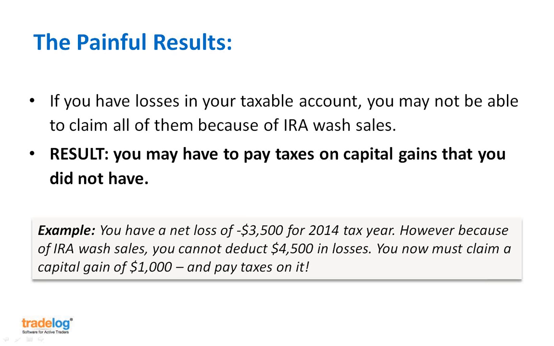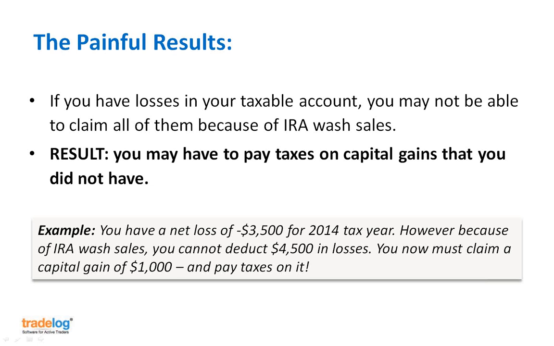So that takes us from having a net loss of $3,500 to now having a gain of $1,000 because you can't take $4,500 in losses. So now you'd have to pay taxes on a $1,000 gain, even though your net gains and losses was a loss. You netted a loss of $3,500 for the tax year.